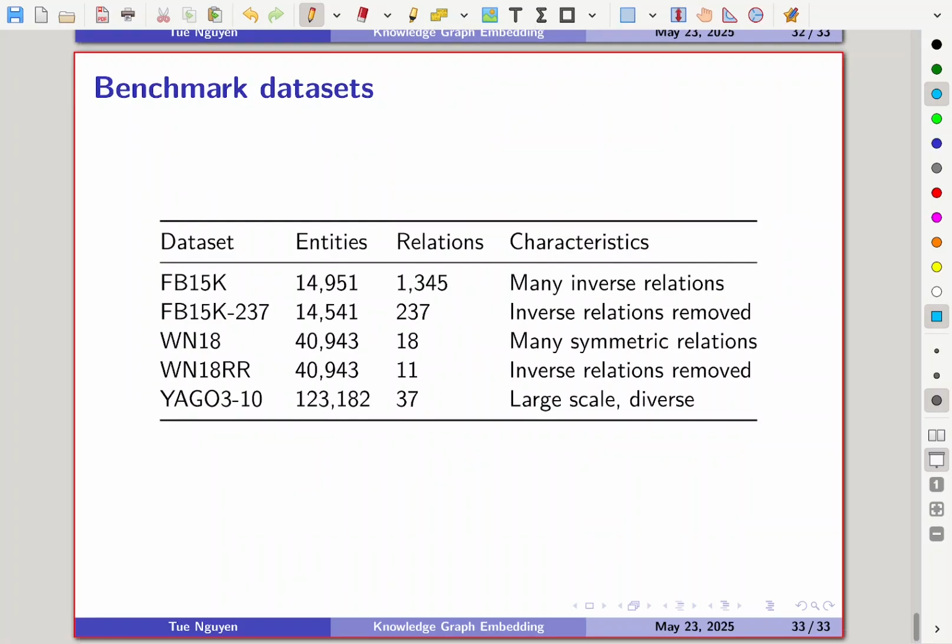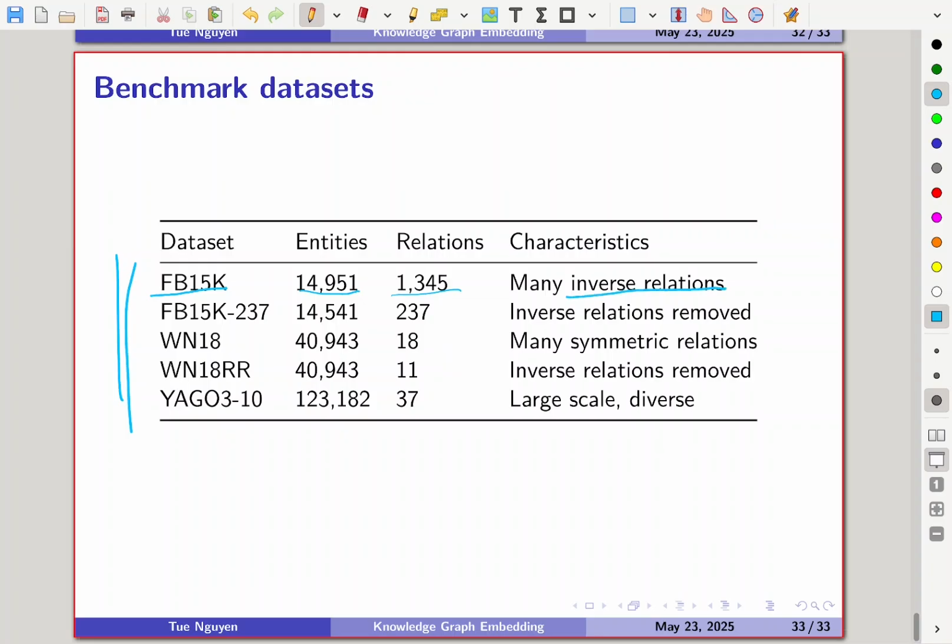For benchmarking on real datasets, researchers often use these datasets in academic papers. For example, FB15K contains around 15,000 entities and around 1,300 relations with many inverse relations.